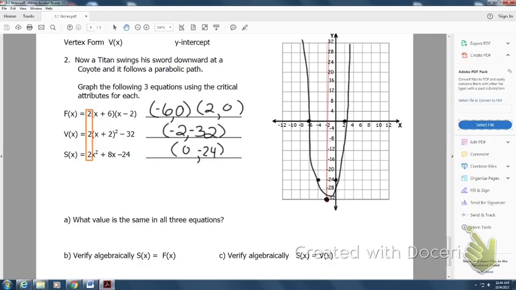But if you find the a value in one form, you have it in all three forms because they will always be the same. And if you remember from your transformation stuff, and it's not going to change, this is the number or the transformation that vertically compresses or stretches the graph.